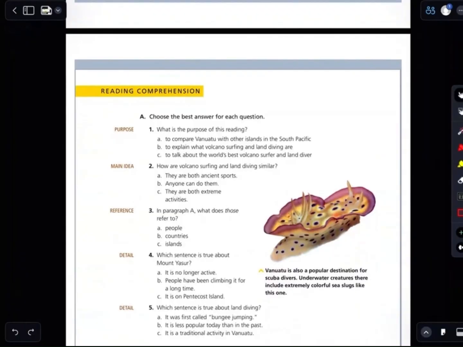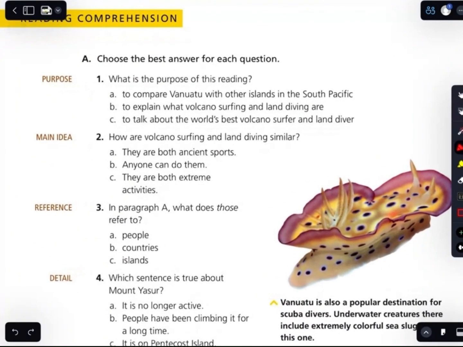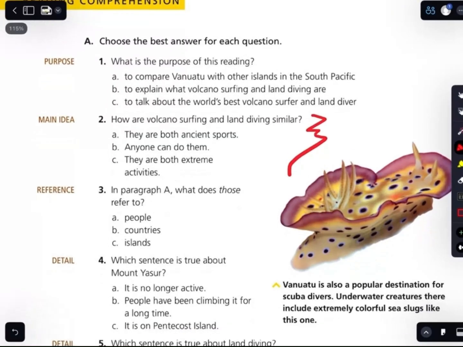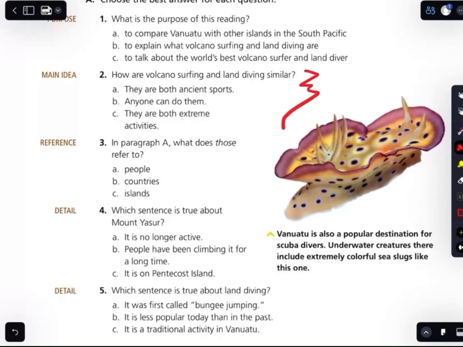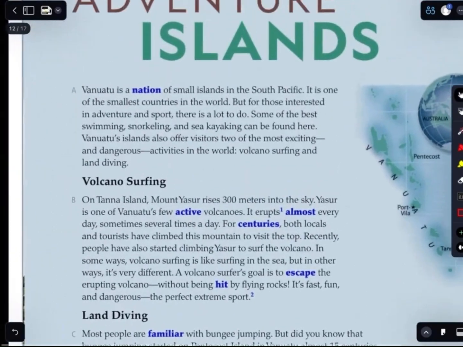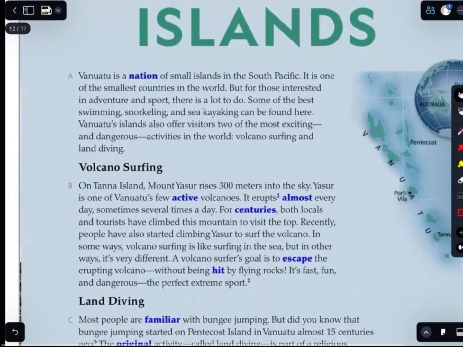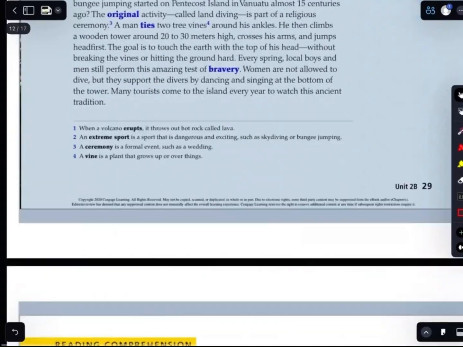Reading comprehension questions. Here we go. What is the purpose of this reading? You can put in your answer there. How are volcano surfing and land diving similar? Okay, do you remember from the reading? In paragraph A, what does those refer to? Well, let's just go back to paragraph A. It is one of the smallest countries in the world, but for those interested in adventure and sport, there's a lot to do.